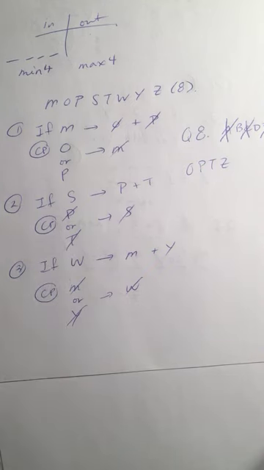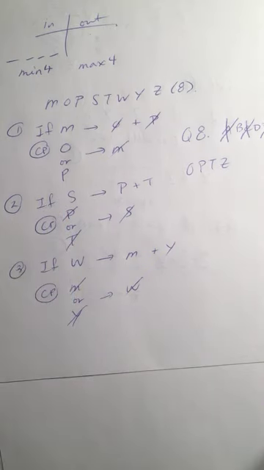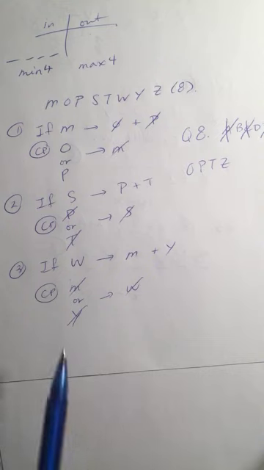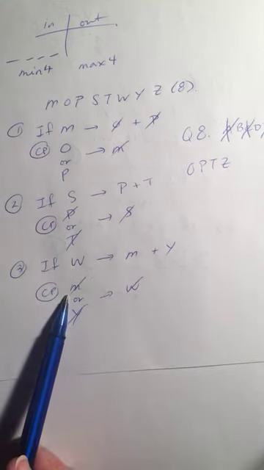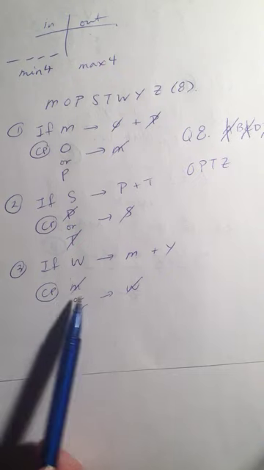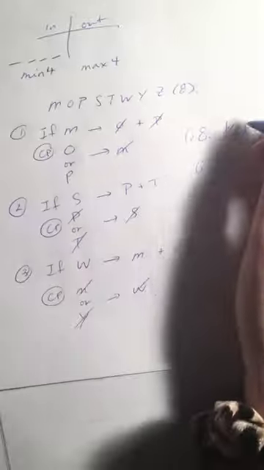Okay, rule 2 is not triggered because P is in and T is in, and S is out, so none of those things are actually triggered. Okay, and then W is not in, so this rule isn't triggered. M is out, so W should be out, but that's fine, and Y is out, so W should be out. So B has to be the correct answer.